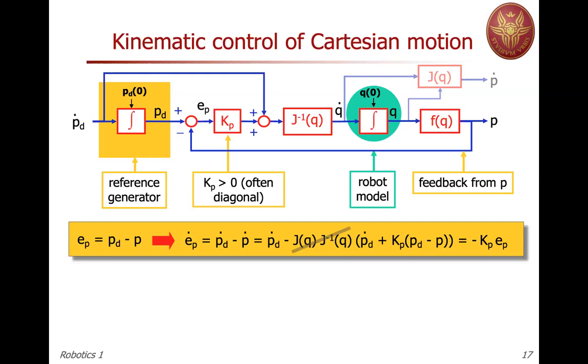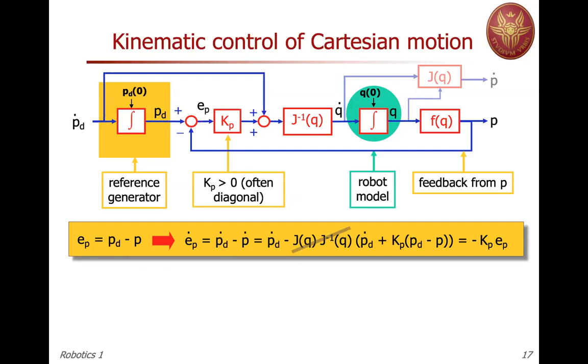You remain with P dot desired minus P dot desired plus Kp times the error in the Cartesian space. So the P dot desired terms cancel: again, the need of a feed forward in order to eliminate that term. Otherwise, you cannot say anything about the sign of this term or the behavior. So you are left only with a minus sign times Kp times P_d minus P, which is nothing else than the error in the P coordinate. So you have, again, minus Kp times E_P.